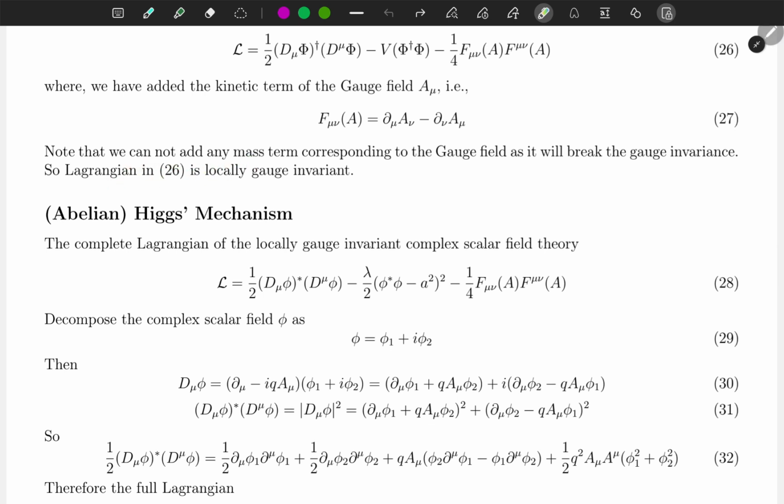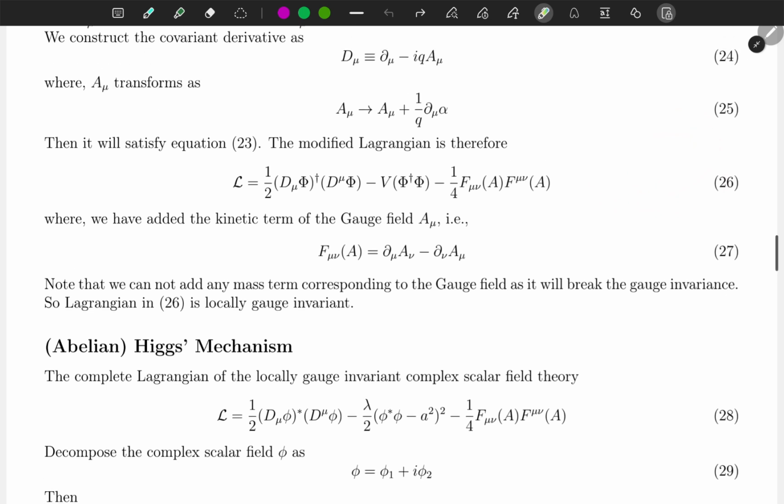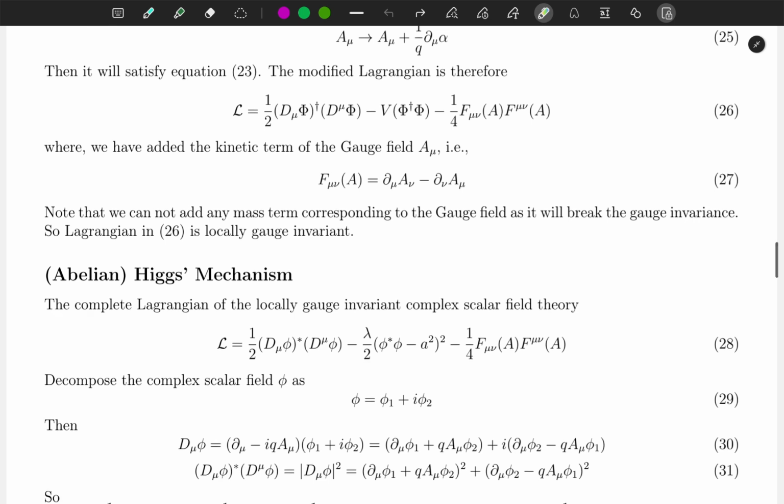One important thing, you cannot add any mass term for the gauge field. This is a mass term of the gauge field, but if you add A mu kind of term, this will break the gauge invariance, because A mu transforms as this, and again a del mu alpha type of term comes, so the Lagrangian will not be the same, and the local gauge invariance will be broken.